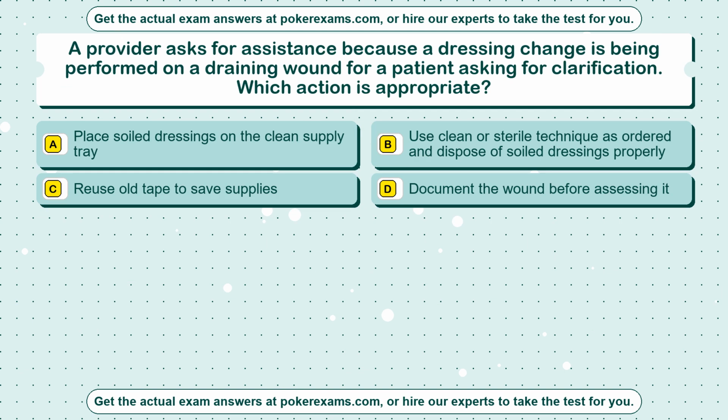Question 90. A provider asks for assistance because a dressing change is being performed on a draining wound for a patient asking for clarification. Which action is appropriate? Option A, place soiled dressings on the clean supply tray. Option B, use clean or sterile technique as ordered and dispose of soiled dressings properly. Option C, reuse old tape to save supplies. Option D, document the wound before assessing it.